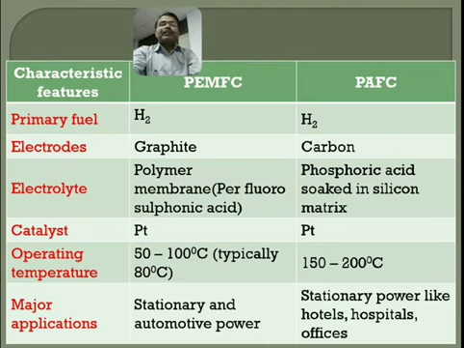For electrolyte, in PEMFC we are using polymer membranes like perfluorosulfonic acid, while in PAFC there will be phosphoric acid soaked in a silicon matrix used as electrolyte. The catalyst is the same in both cases, that is platinum. Operating temperature is 50 to 100, typically 80 degrees Celsius in PEMFC, while 150 to 200 degrees Celsius in PAFC.